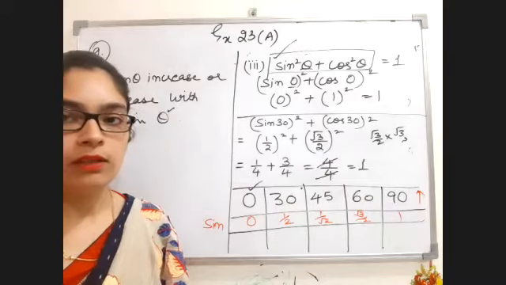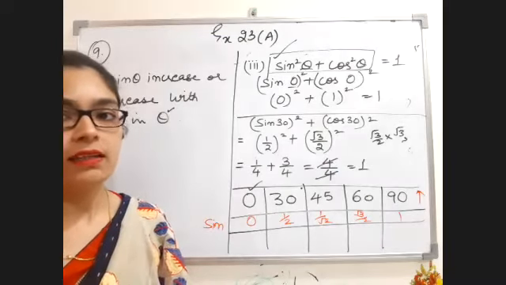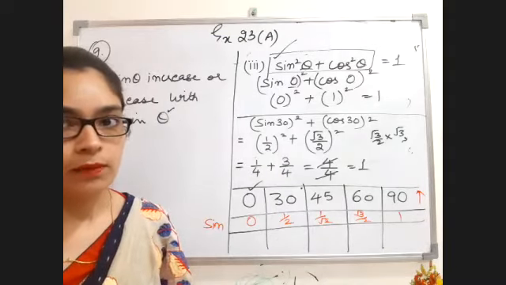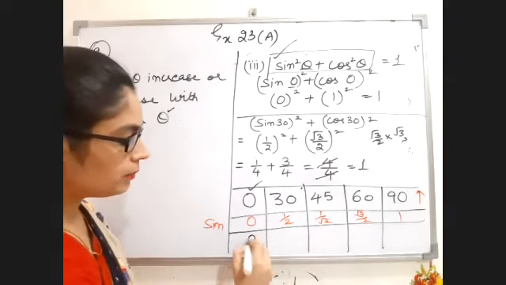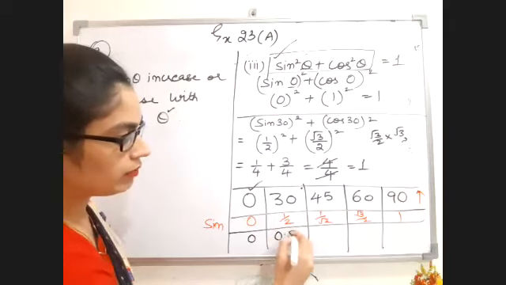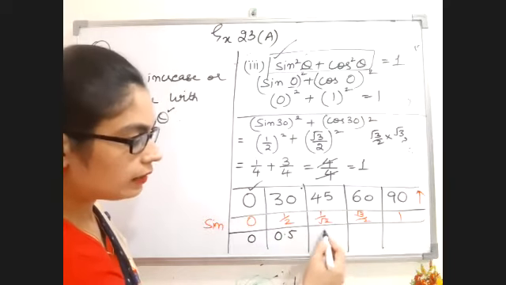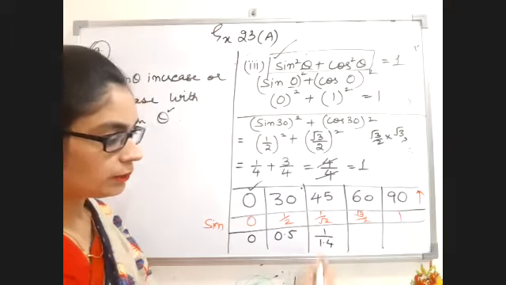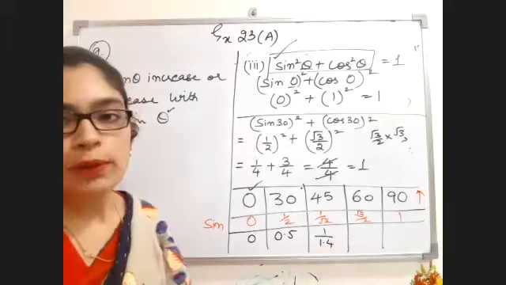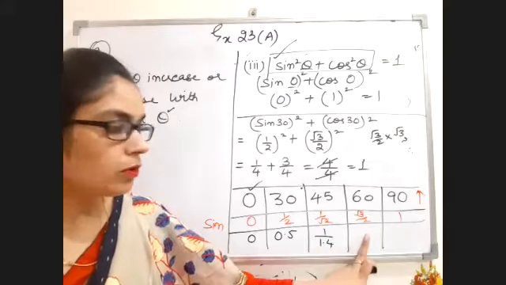What do you feel? Values, are they increasing or decreasing? Ma'am, they are increasing. See, 0 means 0, 1 by 2 means 0.5. 1 by root 2 means 1 by 1.4, it will again be 0 point something. Same goes here also.